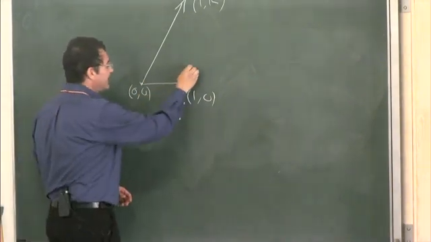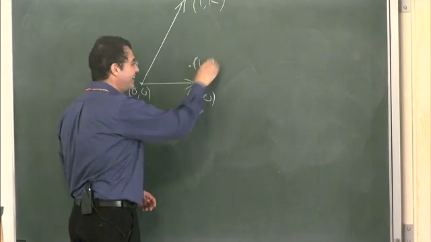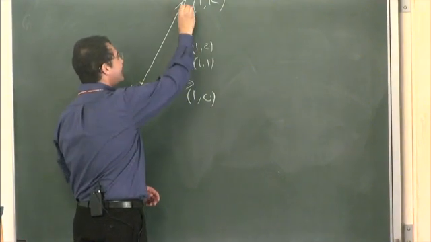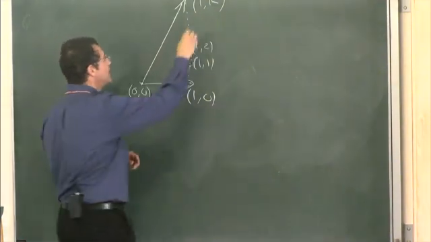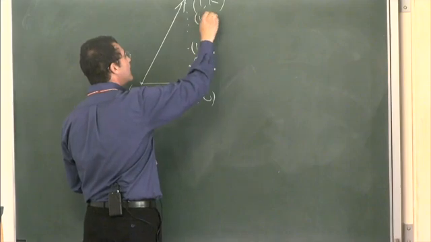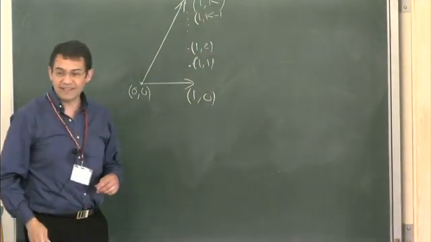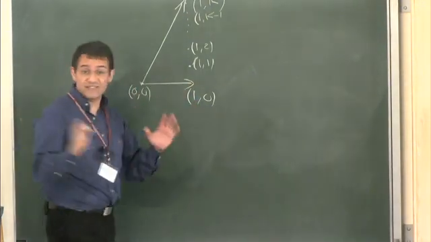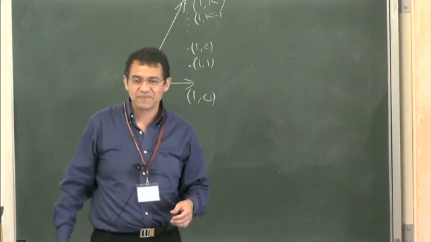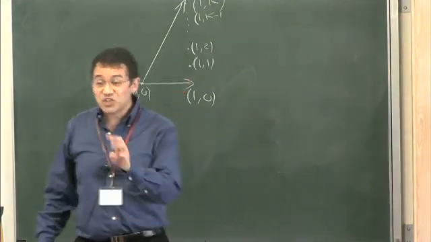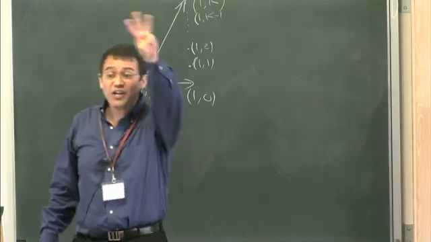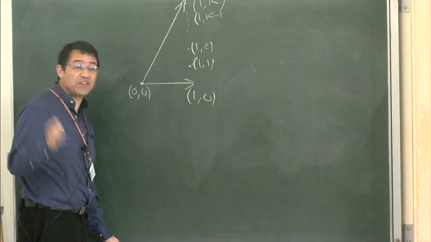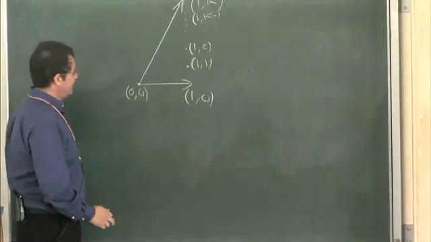Well, there's 1, 1, 1, 2, and so on, all the way to 1, k minus 1, right? And 0, yes, of course. You have 0. That's the fundamental parallelepiped. I'm going to show you how to decompose this into 3 unimodular cones. Get ready.